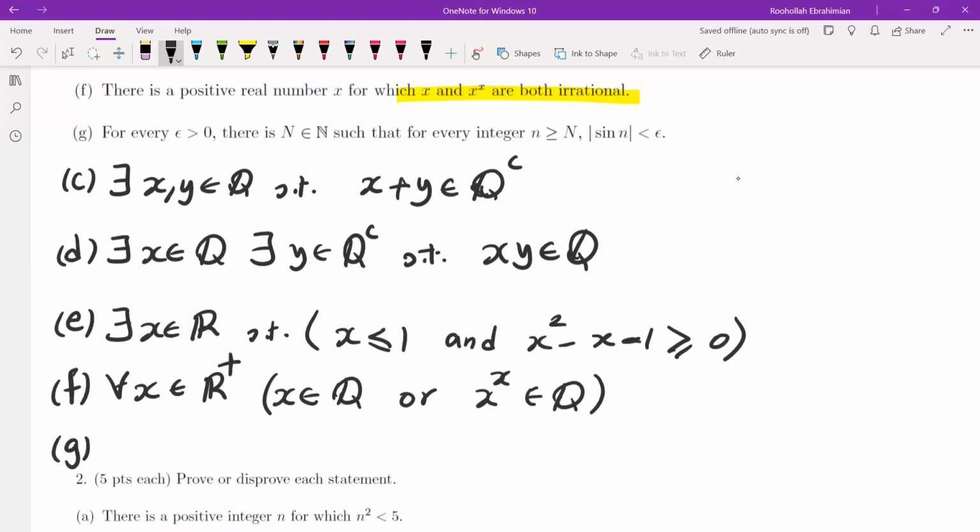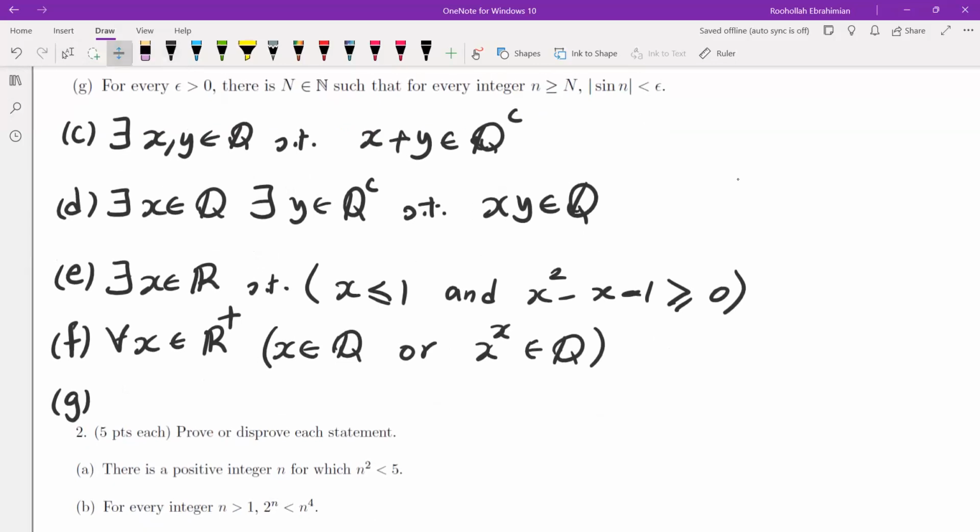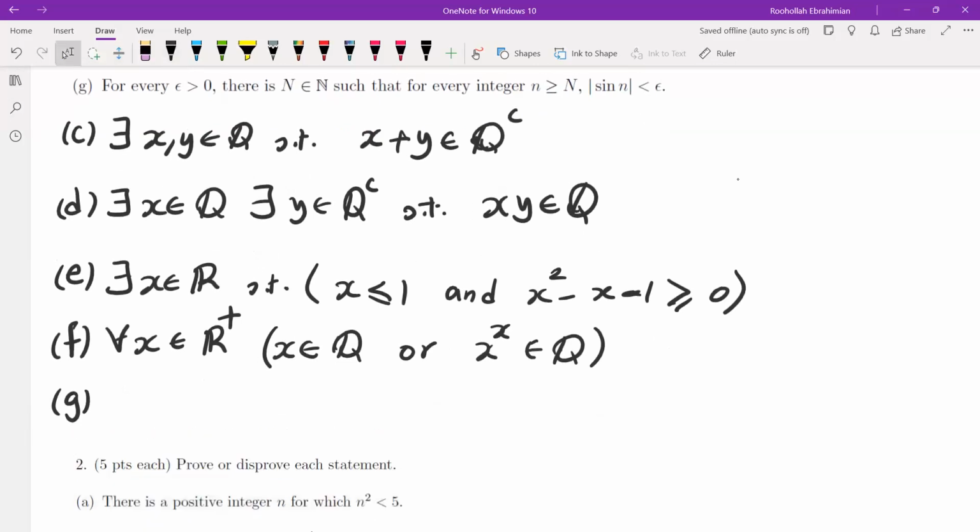And finally, for every epsilon positive, so we'll have to go through that. There's a lot of quantifiers here. For every becomes there exists. And that becomes there exists epsilon positive such that, the negation of there is becomes for every natural number n.